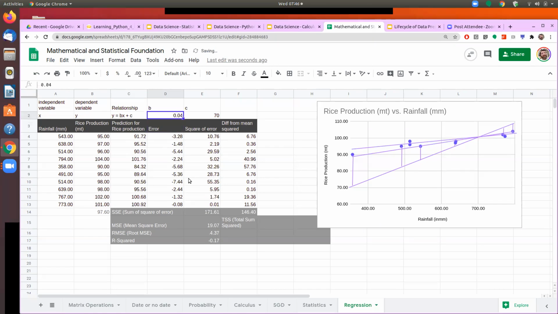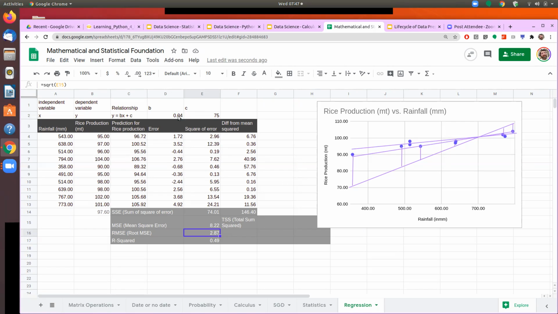So I go back here. Then maybe I can tinker with C also and say, what if I put this number as 75? And as I put this number as 75, the RMSE actually comes down to 2.87, which is actually looking like a very good estimation, because if the RMSE is 0, it means that I have been able to make the accurate prediction all the time.